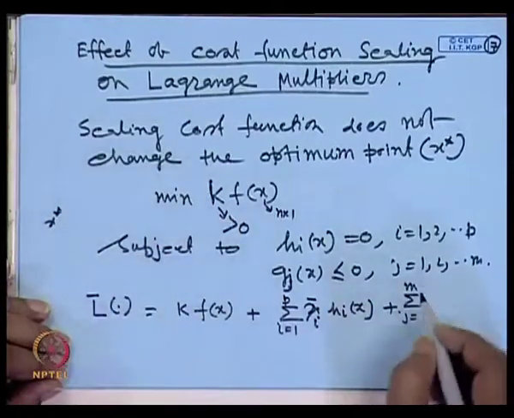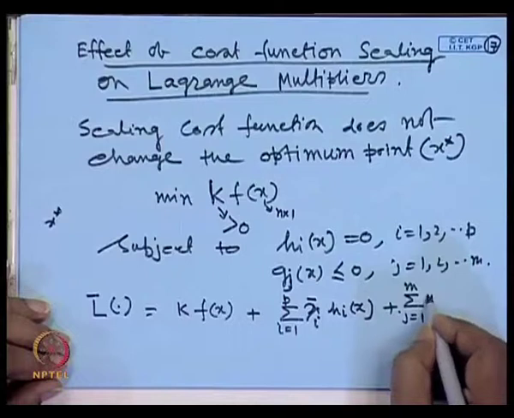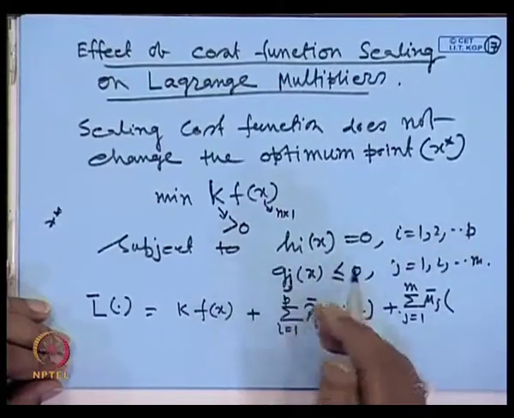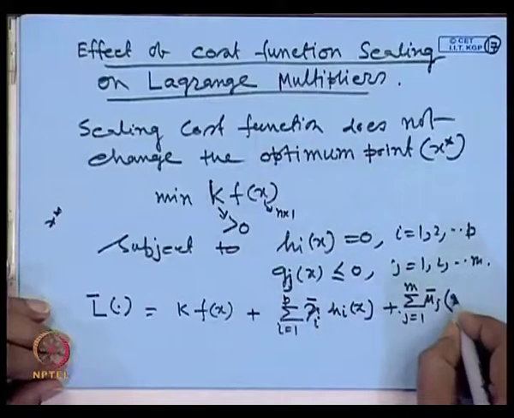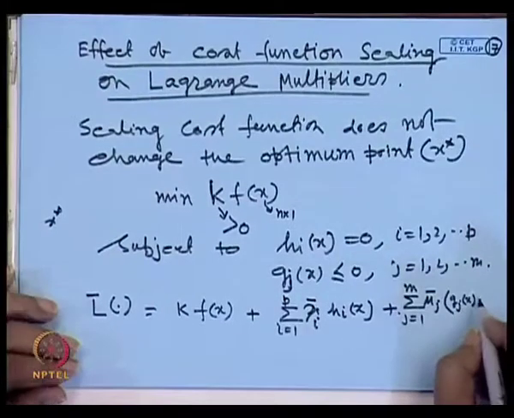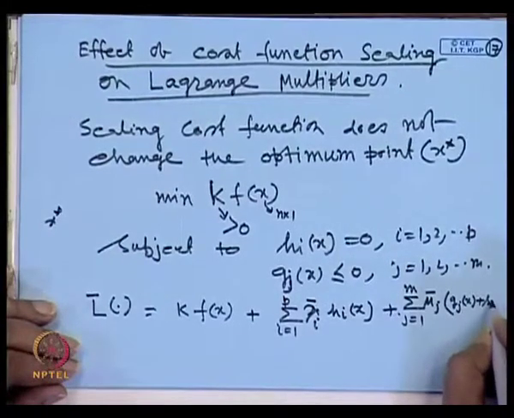You have to convert this into an equality constraint, g j of x plus s j square.